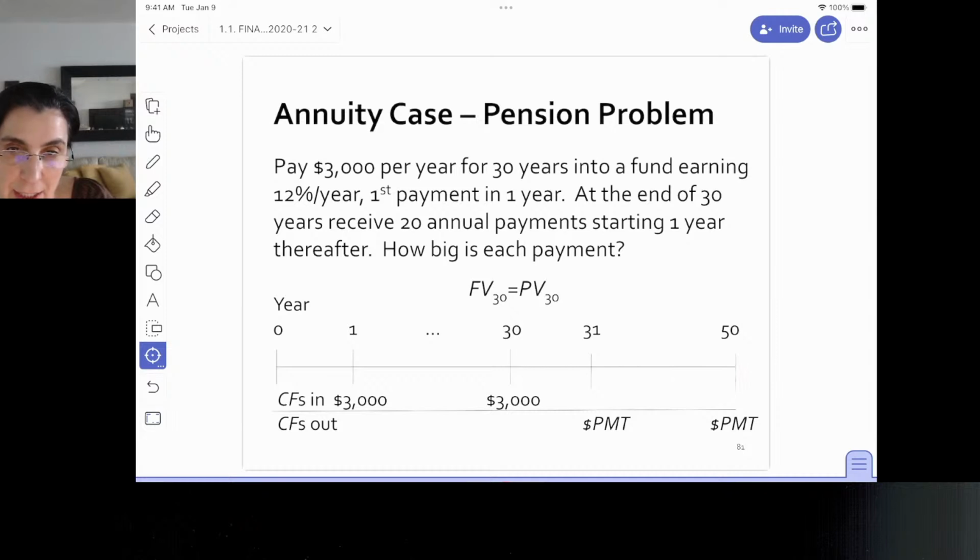So we're going to take the opportunity to use both sides of this. We're going to talk about the cash flows going in, till the future value, to develop the fund, and at this point in 30 years, take that as the amount of the fund from which you can withdraw an annuity of 20 payments to find out what that payment size is. So we have 2 annuities.